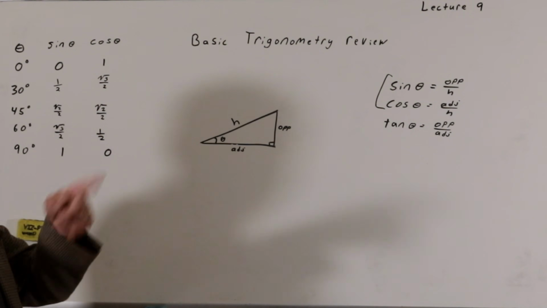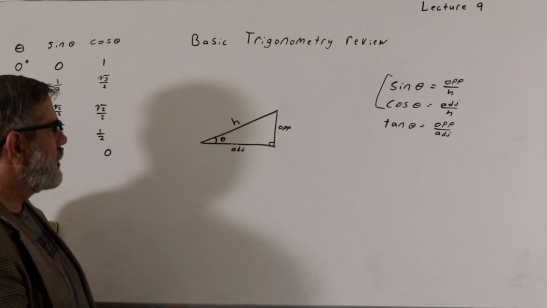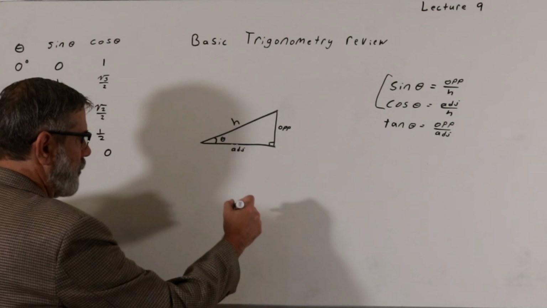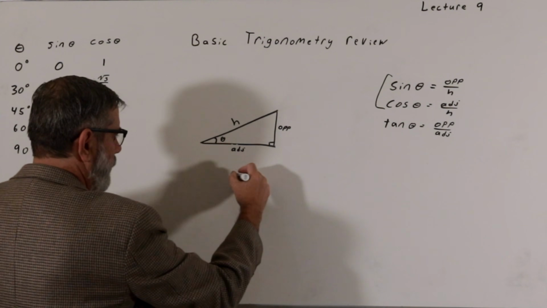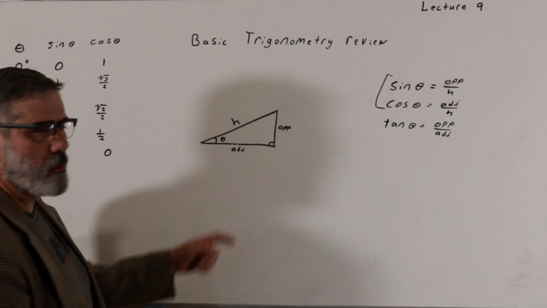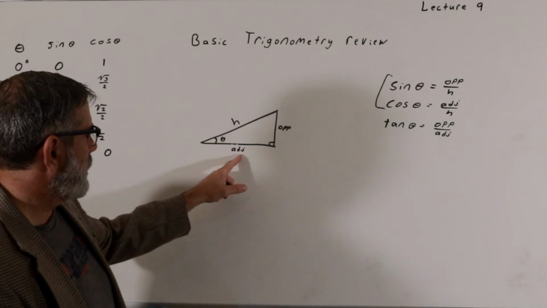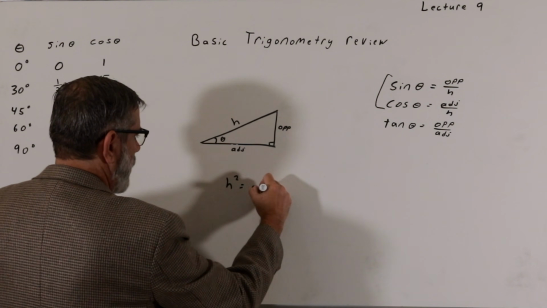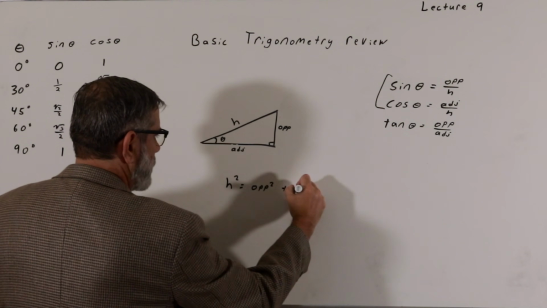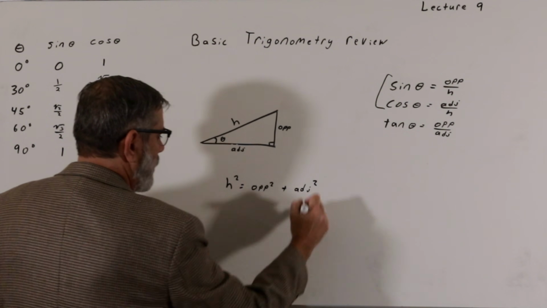Maybe just bring it back around to the Pythagorean theorem once again. If I write the Pythagorean theorem in terms of h, opposite, and adjacent, it looks like this: h squared equals opposite squared plus adjacent squared.